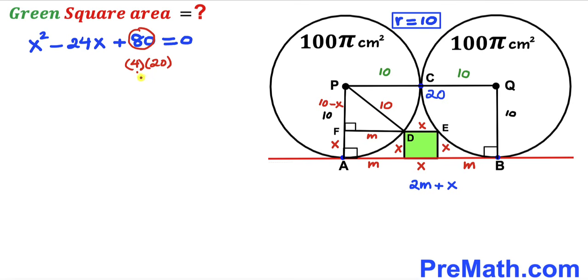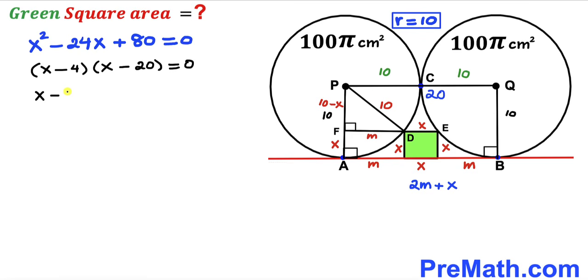And if we add 4 and 20, that is going to give us indeed 24. So therefore our factors are going to be x minus 4 times x minus 20 is going to give us equal to 0. And now we are going to separate these two factors.